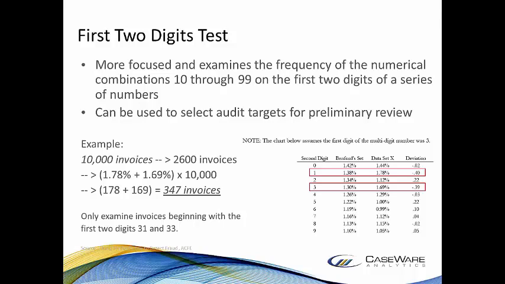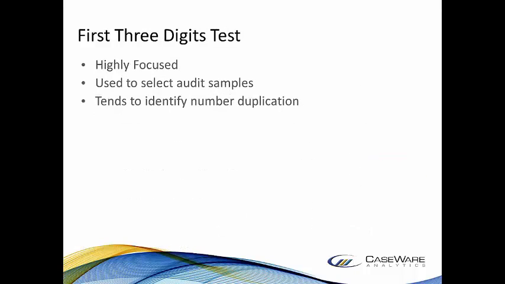But you know that this amount is the most popular item that's sold. So you can actually eliminate 3-1, the leading two digits, as an anomaly. It's not an issue because you identified what the problem was, and therefore you would have 178 fewer invoices to review. In the next slide, we talk about the first three digits test.